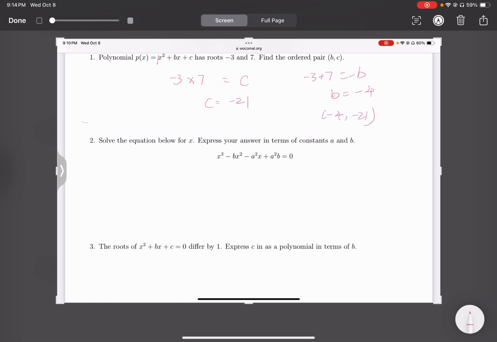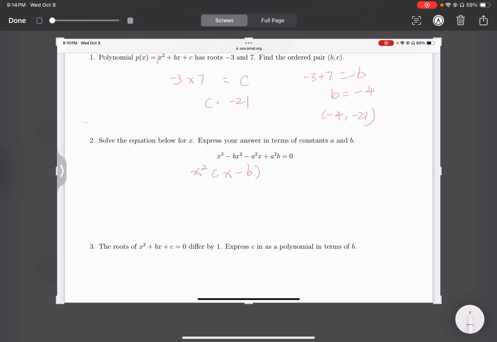All right, next one. Solve the equation below for x. Express your answers in terms of constants a and b. So this one, you figure out it's a cubic polynomial. What we can do is try to factor it first. We pull x squared out first, and what we get is x squared times x minus b.